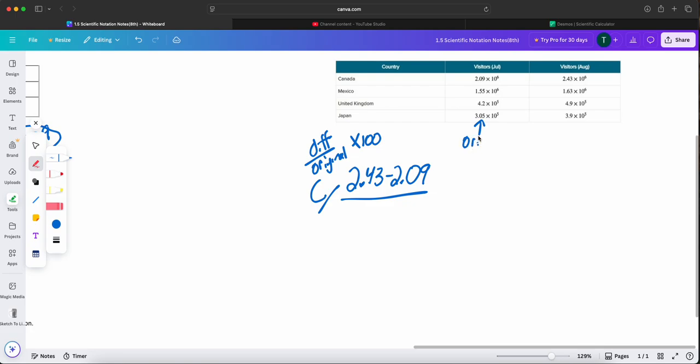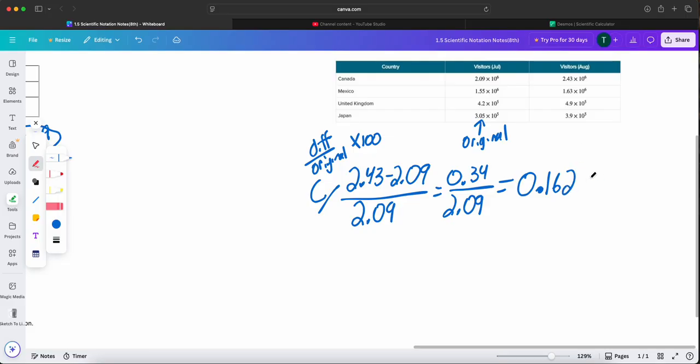So this is what we divide by. So we divide by 2.09. Okay? If we subtract these, this gets us 0.34 divided by 2.09. If we divide that, we get about 0.162. You can either multiply by 100, or if you know to move your decimal place twice, that's 16.2%. Okay? So that's what we have to do for all of these so that we can compare them.